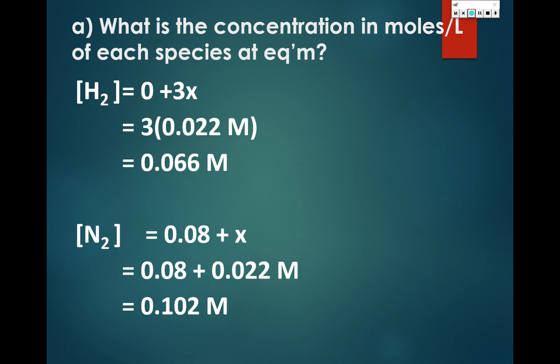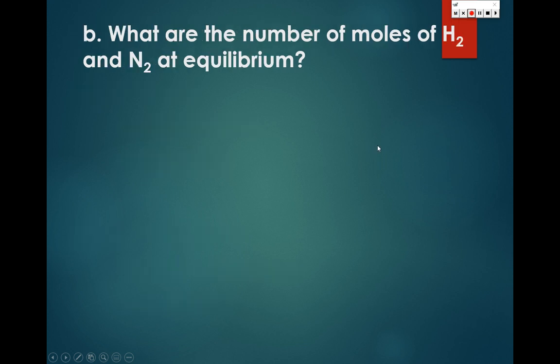Often the volume is 1, so then it's the same, but just so you know, in this case, it happens to be 5 liters. So what are the number of moles? It only says N2 and H2, so you don't need to change the other one.